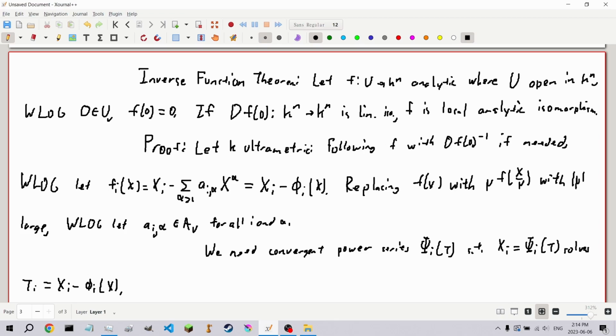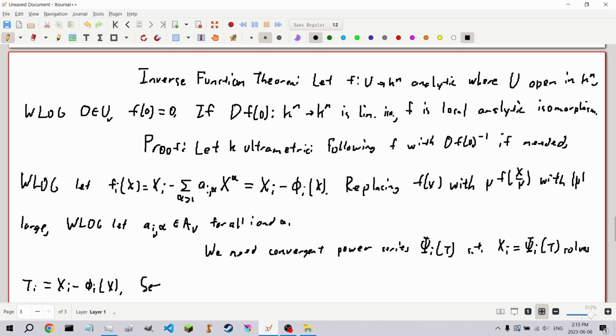And there's two steps. First, we show that this has a formal solution, Phi i, and we describe how the coefficients of Phi i relate to our small phi i. And we're going to show that this power series converges.